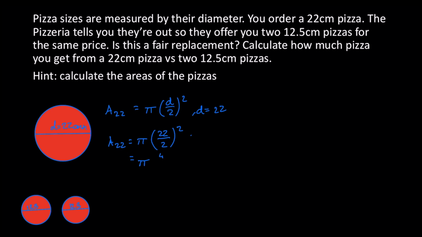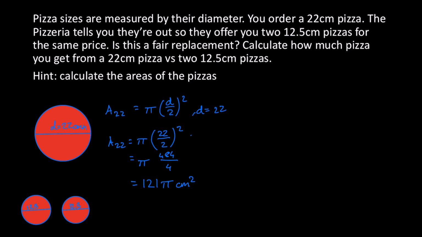So we get 484 over 4. So that divided by 4 is 121. So we get 121 pi centimeter squared worth of pizza with one big one.